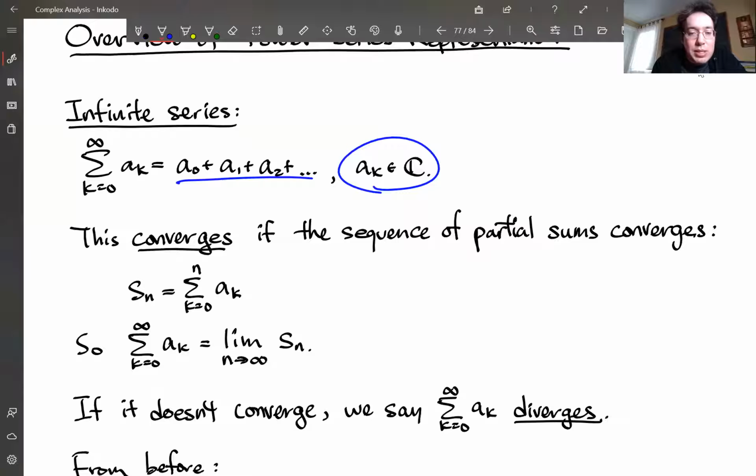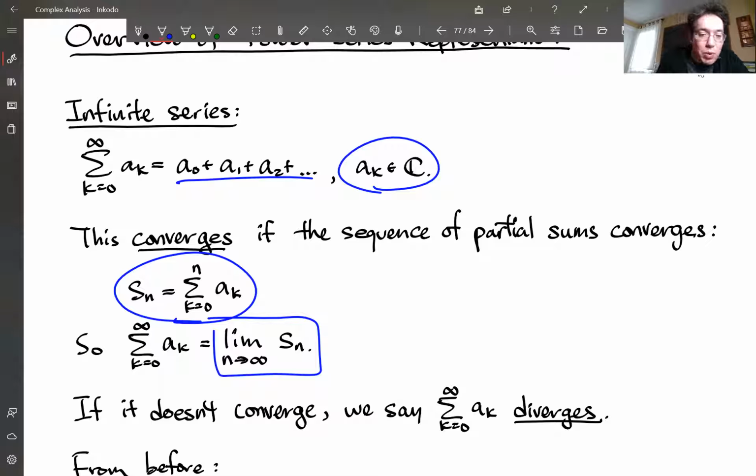We say it converges if the partial sum has a limit as a sequence. So we've already shown what it means to have a limit. When we write this for an infinite series, k equals 0 to infinity, we mean take this limit. If it converges, then it makes sense. If not, then we'll just say that it diverges.